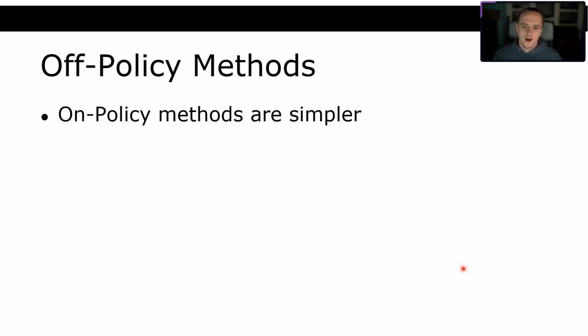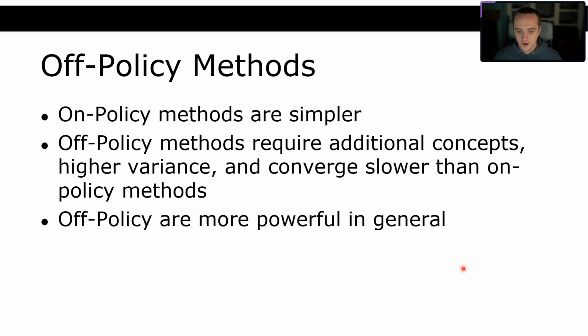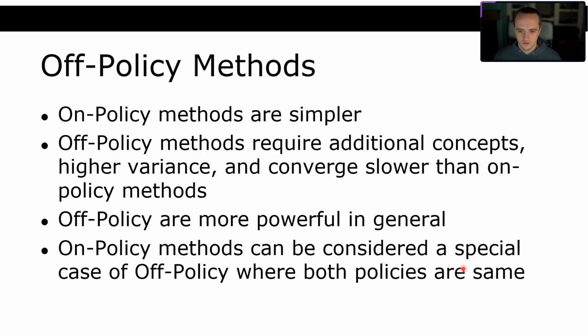On-policy methods generally are simpler than off-policy methods. Off-policy methods require additional concepts, they have higher variance sometimes, and they may converge slower than on-policy methods. But off-policy methods are more powerful in general. And it turns out that an on-policy method is actually a special case of an off-policy method where both the target policy and the behavior policy are the same. Okay?